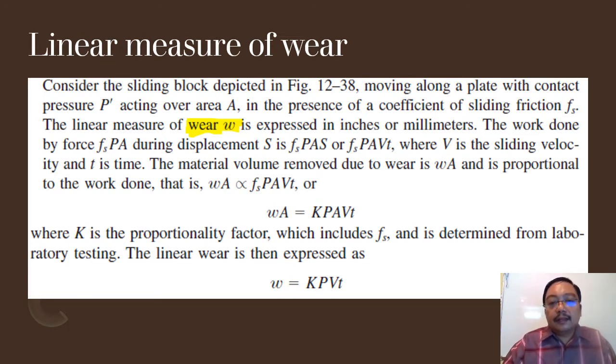So W, the work done by force fs P A during displacement S, is fs P A S, or fs P A V t. Here is another example. S in this chapter you know as Sommerfeld number, but in this subtopic on linear wear, S is linear displacement. So don't be confused.